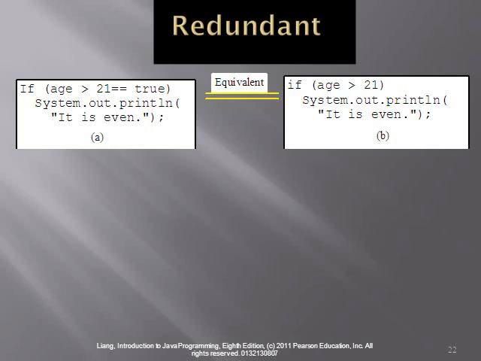If I want to interpret how that would be read by the computer, it would test for age greater than 21, and then it would be testing for either true equals true or false equals true, because age greater than 21 will evaluate to true or false. So don't be redundant in that testing. The Boolean operators result in a Boolean value, either true or false. So block B is better style. It shows that you understand how to use the Boolean operators correctly.